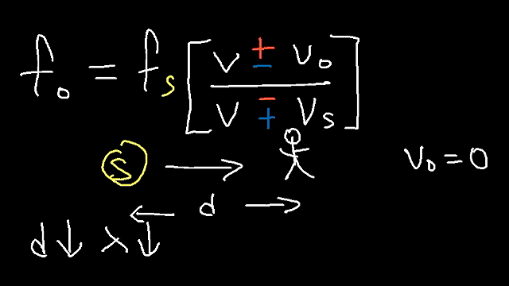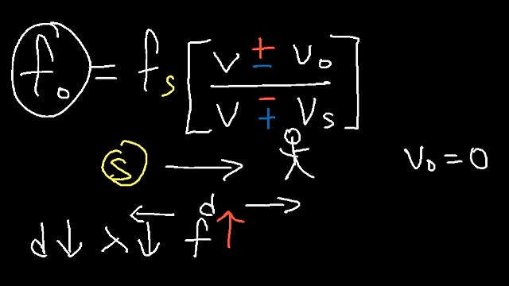And frequency is inversely related to the wavelength, so the frequency should go up. The frequency detected by the observer should be higher than the frequency emitted by the source, because we have an arrow going up.